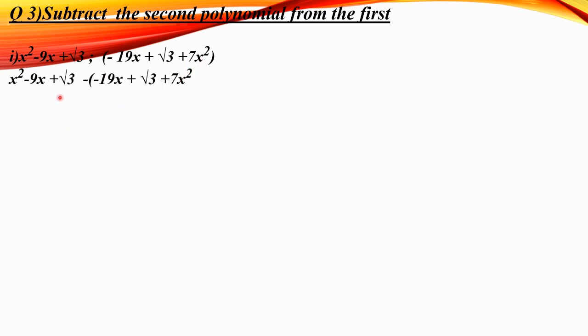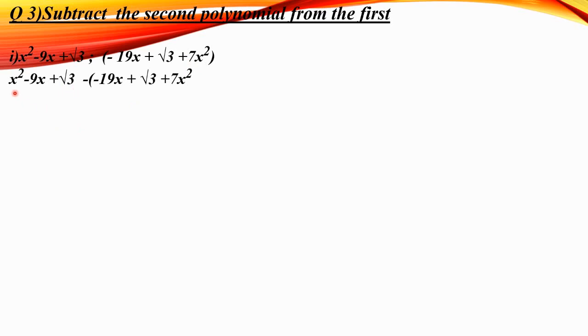Question number 3. Subtract the second polynomial from the first. Number 1 is x square minus 9x plus root 3 and the second polynomial is minus 19x plus root 3 plus 7x square. So we will write this question once again with the minus sign because it is subtraction.